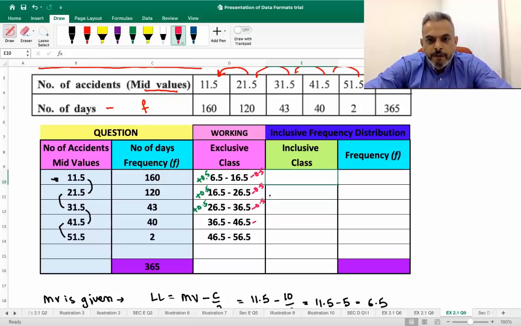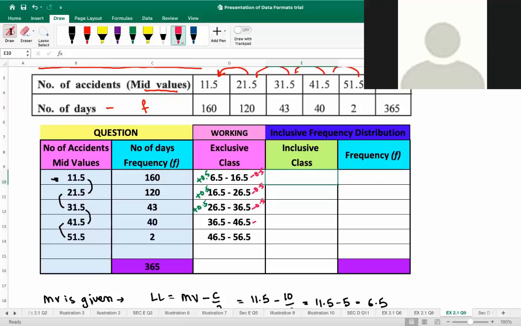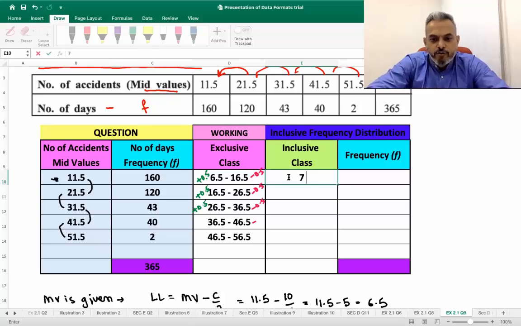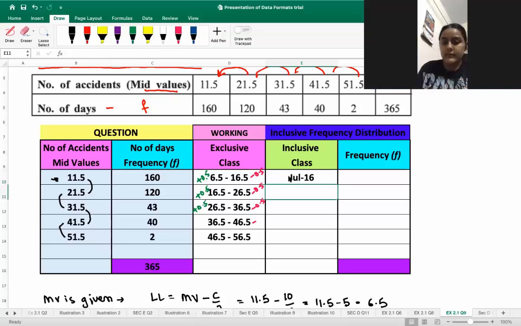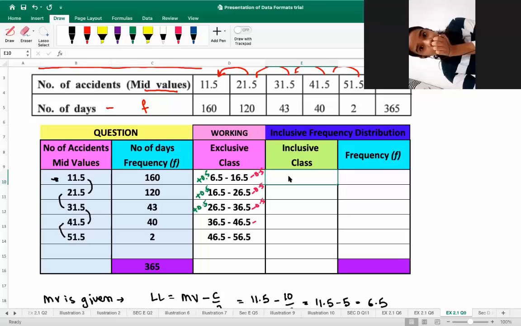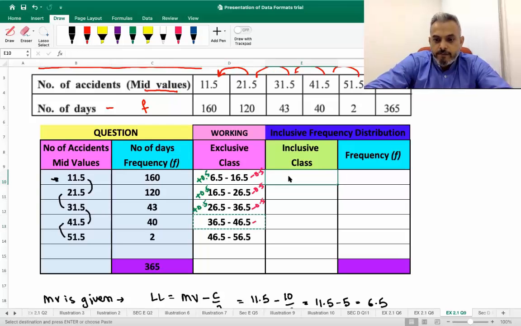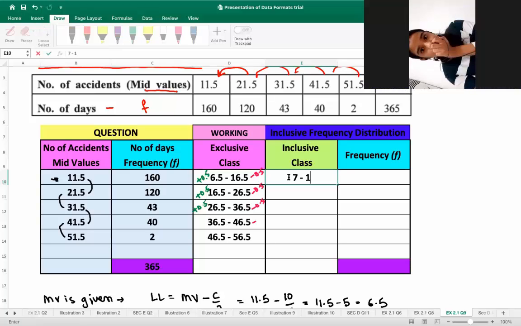Understood this? Yes, sir. So what we get is the first class, 7 to 16. Okay, wait. 7 to 16 is correct. No doubt about it.